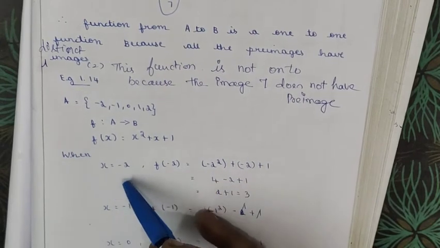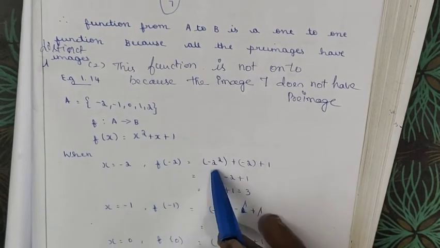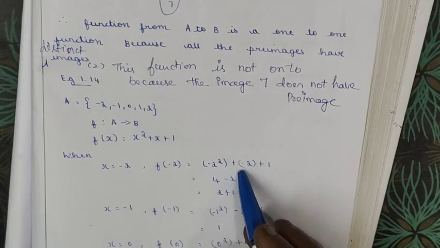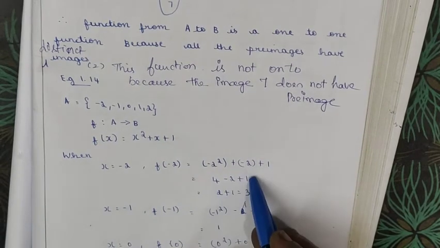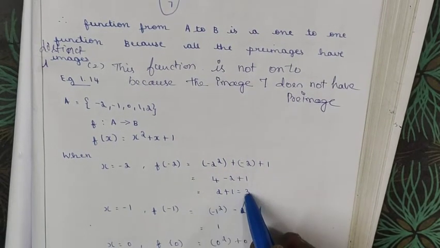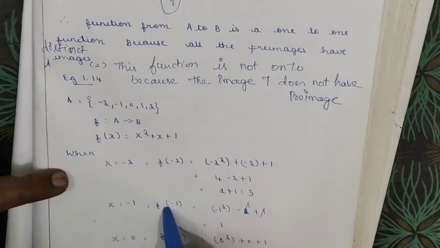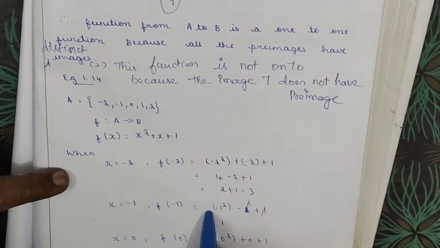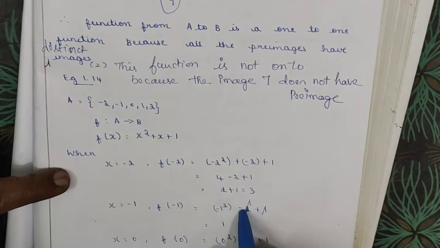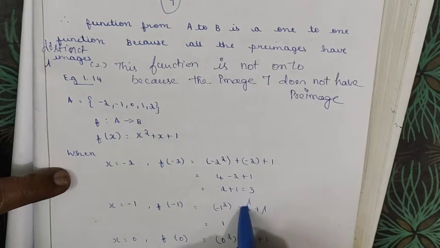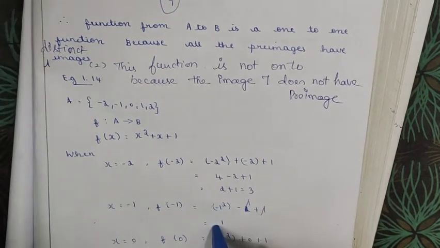So when x equal to -2, f of -2 equal to (-2) whole square plus -2 plus 1, 4 minus 2 plus 1, that is 2 plus 1, 3. Now x equal to -1, f of -1 equal to (-1) whole square, -1 plus 1, -1 plus 1 get cancelled, (-1) square is 1. Okay.